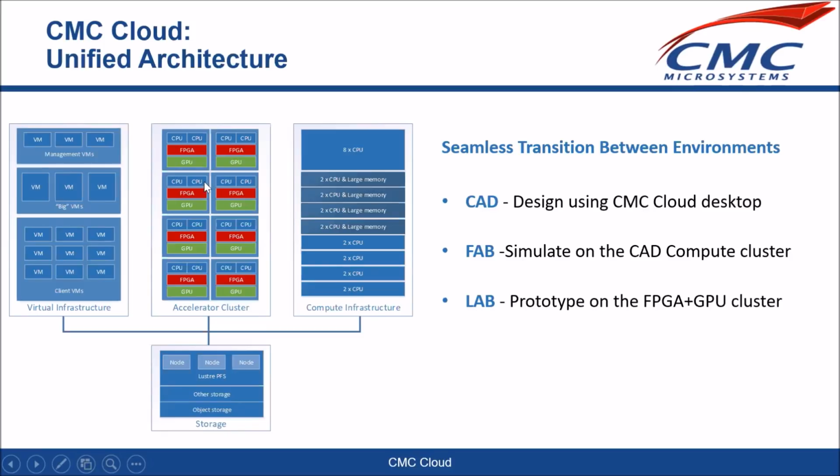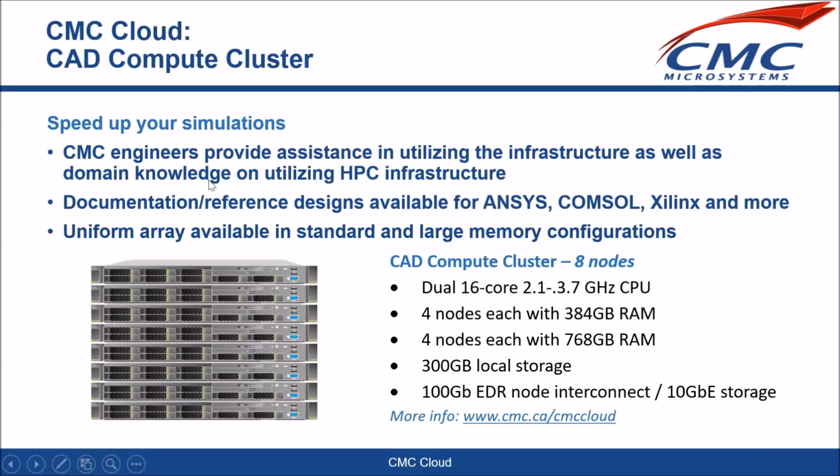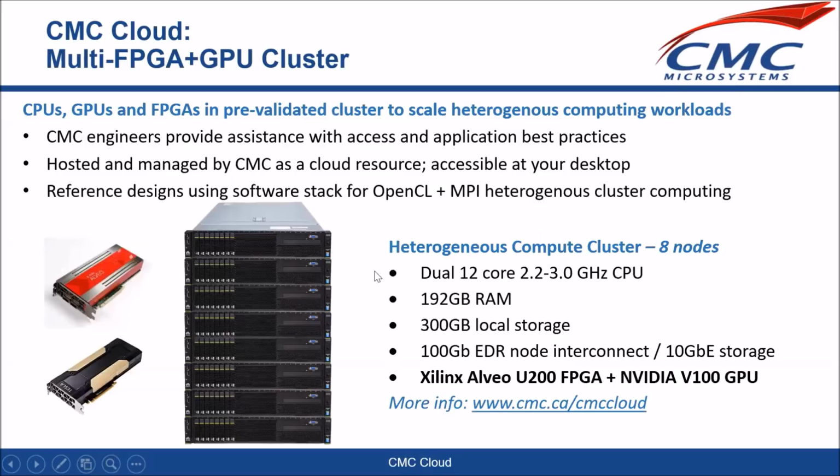And to give more information about this cluster, the first one is the cluster that is used for CAD tools. Here's some specification. It's very fast, and it's used to accelerate basically ANSYS, CAMSOL, Xilinx, and other tools. And the one that is more relevant for this presentation is an 8-node, and each node has an Alveo FPGA. This mainly will be used for inference.